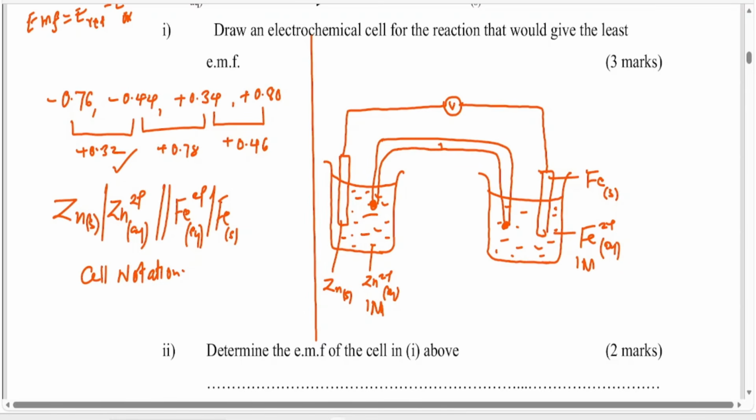This one I label salt bridge. Then this one is the connecting wire. And you can still show the flow of electrons, but that's not very necessary in this question.